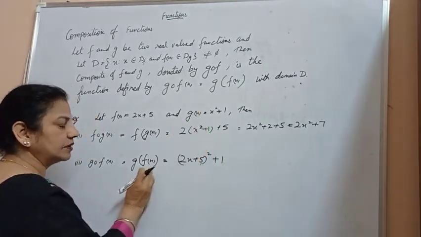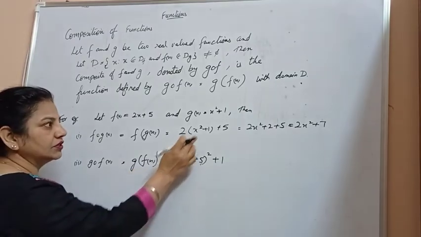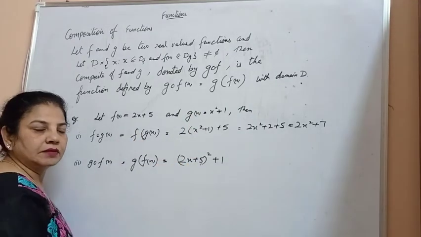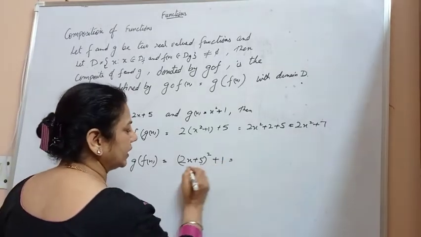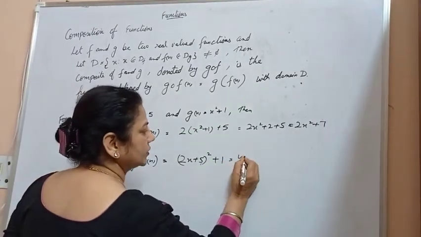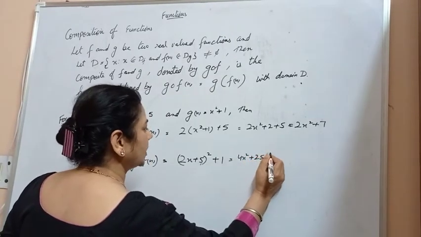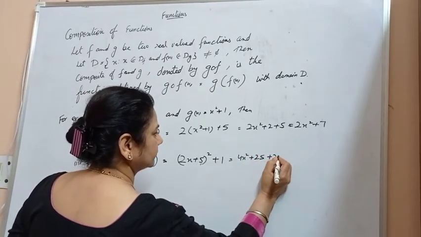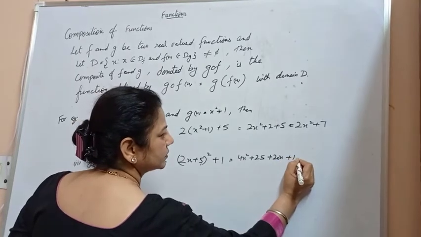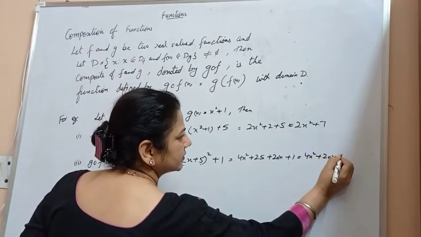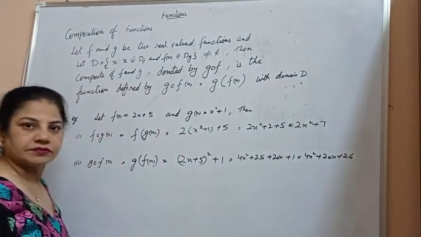Now x has become the function f(x), so instead of x, I will write the function f(x): (2x + 5)² + 1. On solving, using (a + b)² = a² + b² + 2ab, plus 1, which is equal to 4x² + 20x + 26.